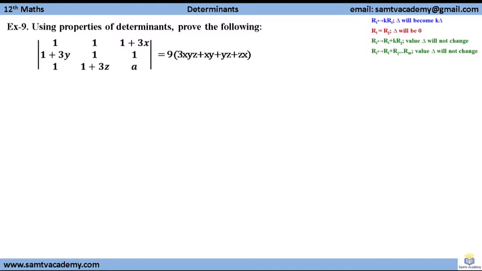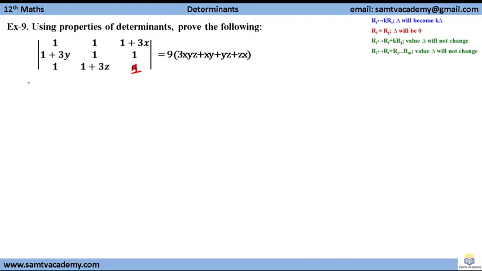So in this question we have to prove that this is equals to 9 into 3x plus y, x y z, x y plus y z plus z x. So as we have so many ones here, so we can make it 0 as much as possible. Okay, one second, here it is somewhat mistake, it is 1 I think, because no 1 is there, so this is 1 only. A term is not here, so it is 1.